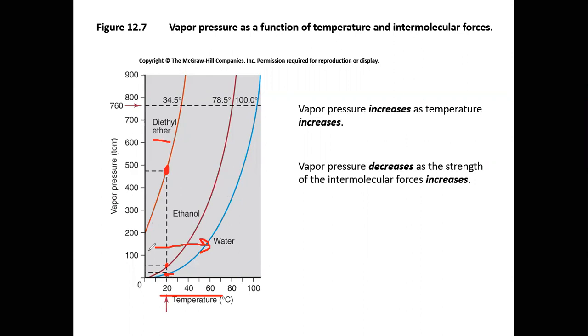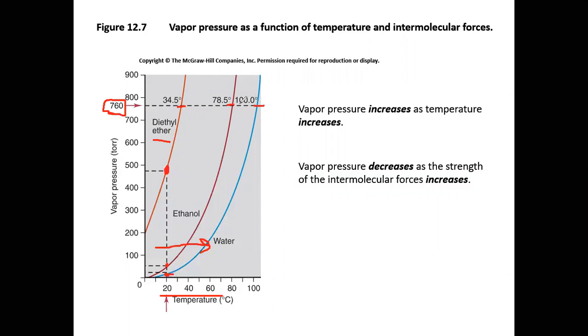Now, if we increase the temperature, you see that now the vapor pressure of ethanol and water do increase. And the reason that 760 is identified here as a special pressure is because 760 refers to 1 atmosphere. And so when you have a boiling point at 1 atmosphere, this is referred to as the normal boiling point, which is what we use for cooking and whatnot.